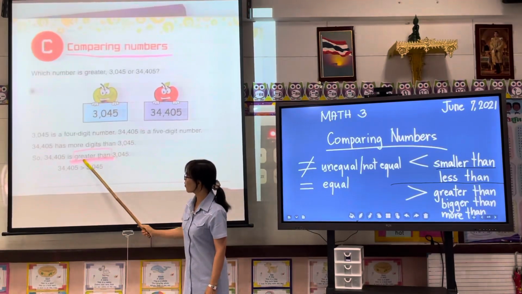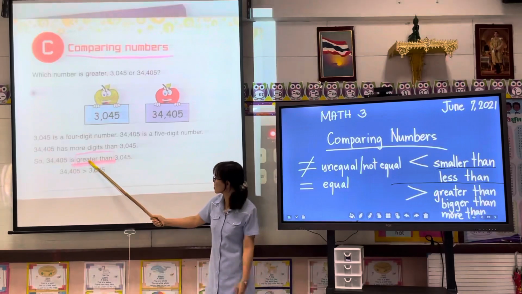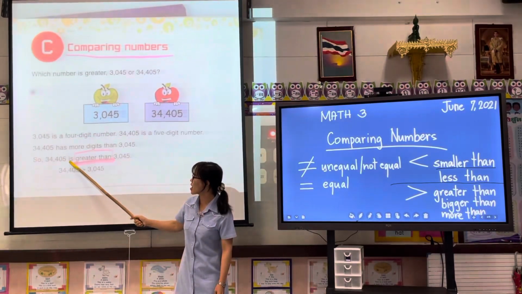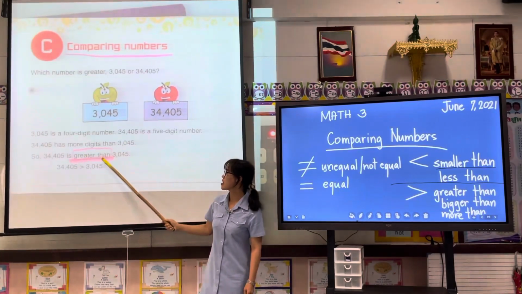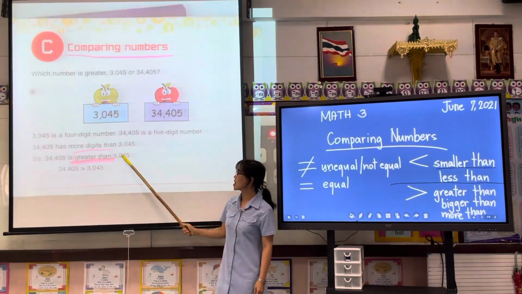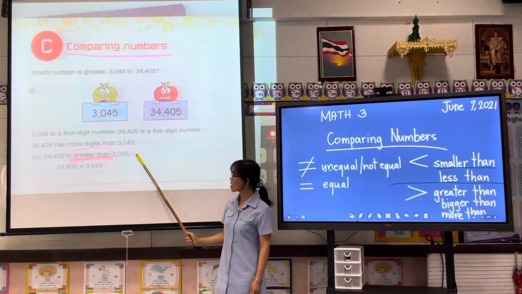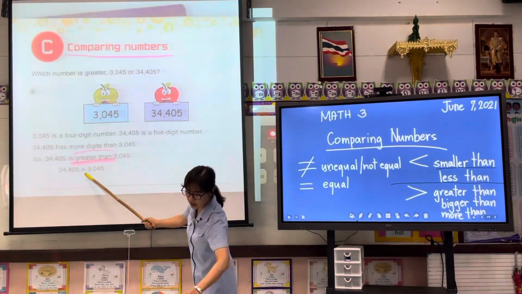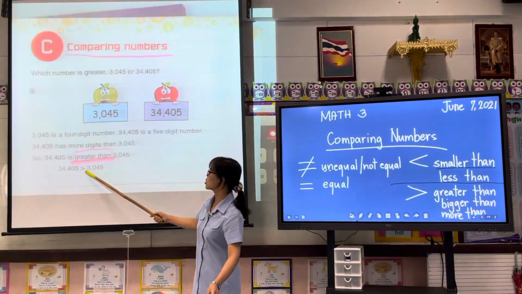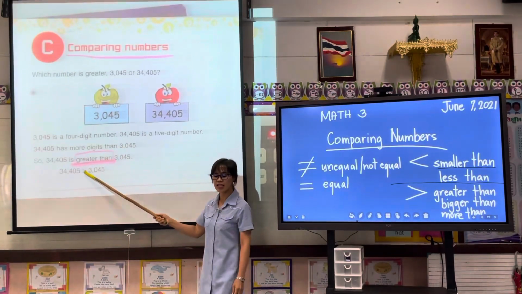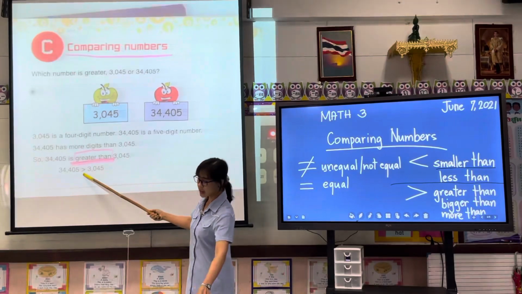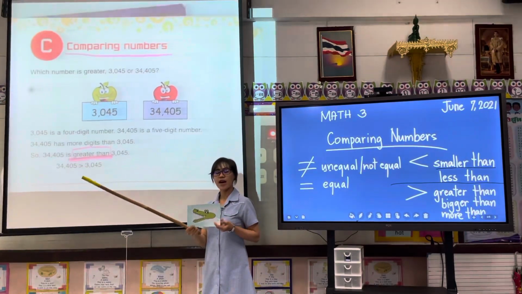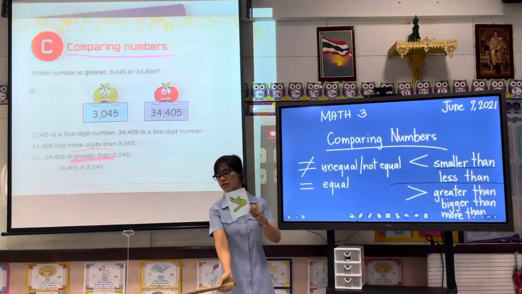So, using our phrase here, the phrase greater than, 34,405 is greater than 3,045. Alright? And using our comparison symbol, the alligator, we are going to use the sign. What sign is this? What sign is that? Greater than, right? This sign, greater than.